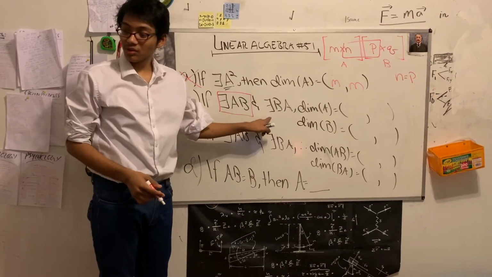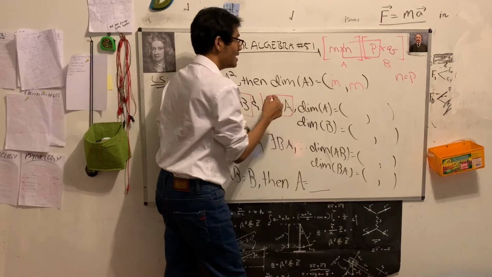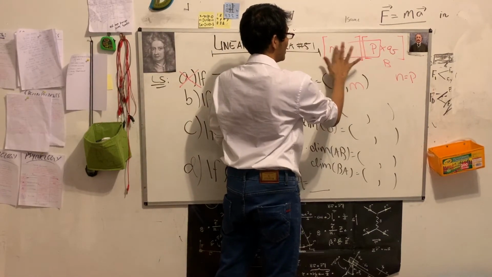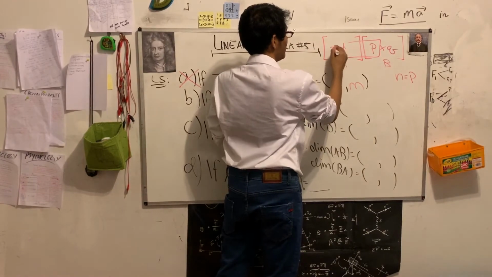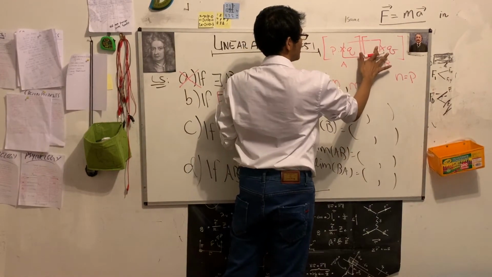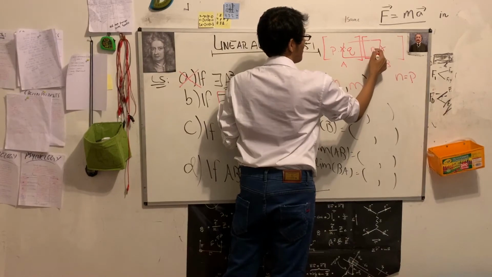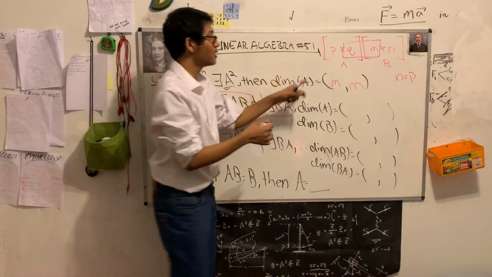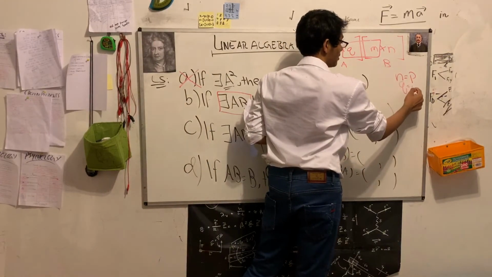But we're also told that BA exists. So that means I can flip this. And if I flip this, what do I get? I get P by Q times M by N. And now what do I see? Q must equal M, right?